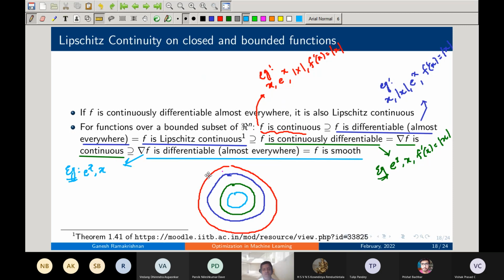For closed and bounded functions, we can talk about this relation, but not in general. Any questions on this slide? In practice, you'll find that most smooth functions will also turn out to be Lipschitz continuous, because we are often dealing with these closed and bounded functions.